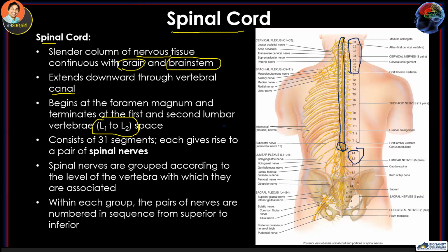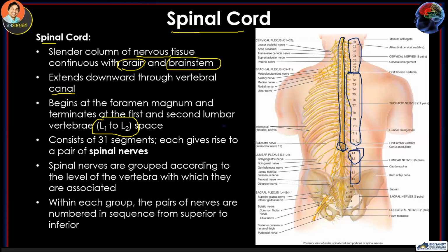And then we continue with the spinal nerves that exit from the thoracic vertebrae. There are 12 segments, so it's going to be T1 until T12. And it will continue with the lumbar vertebrae, and there are 5 segments. So there will be L1 until L5.